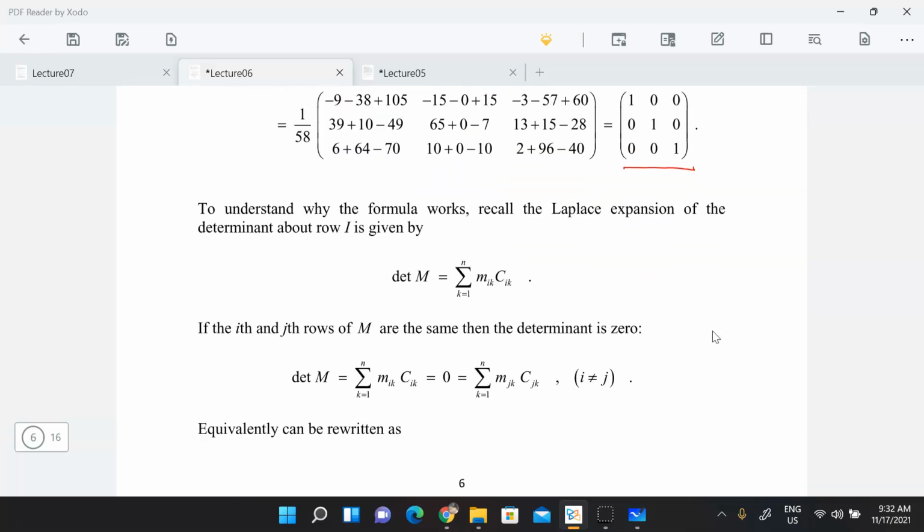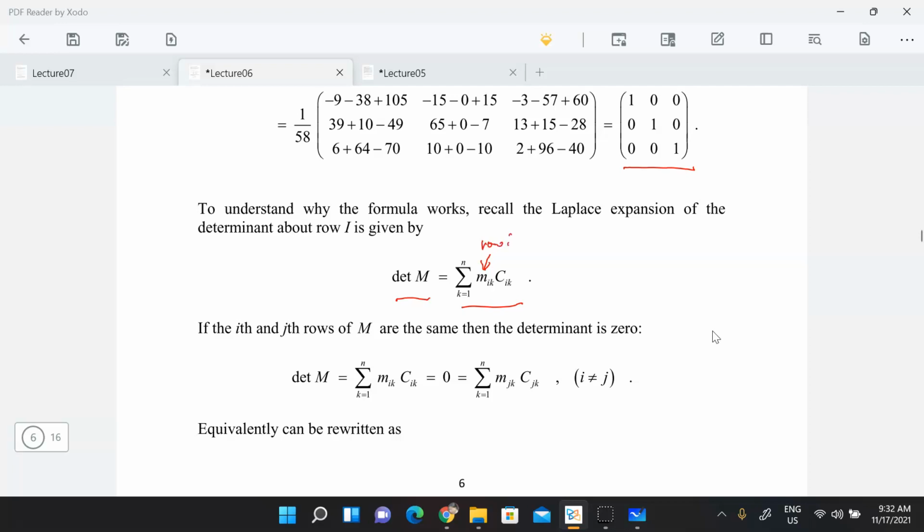Over here again, the theory behind why this thing works is essentially from the properties of determinants. Here is the Laplace expansion of your determinant of M. This one is actually expanded about row i.